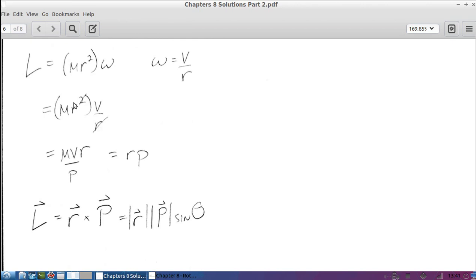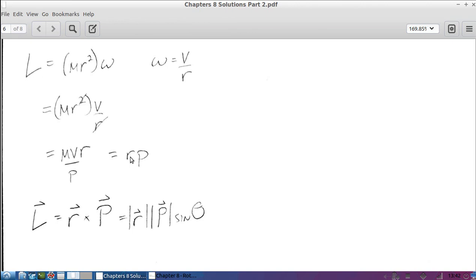One of those r's goes away, and now I have mvr. This isn't a fraction. I was just underlining to show you that this mv is p, the linear momentum of that bullet. It's got a mass, a velocity, and a linear momentum. So the angular momentum of this bullet is just its linear momentum times its position relative to an axis of rotation.